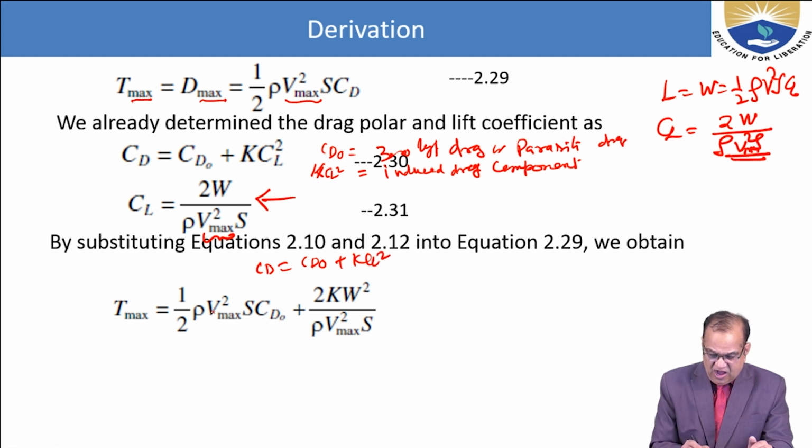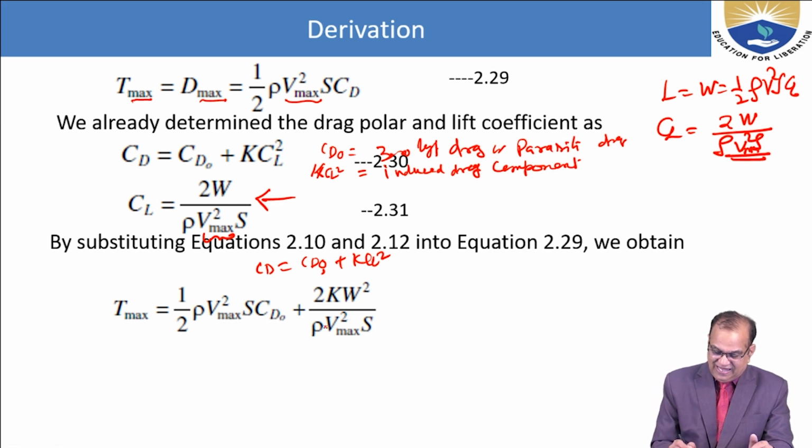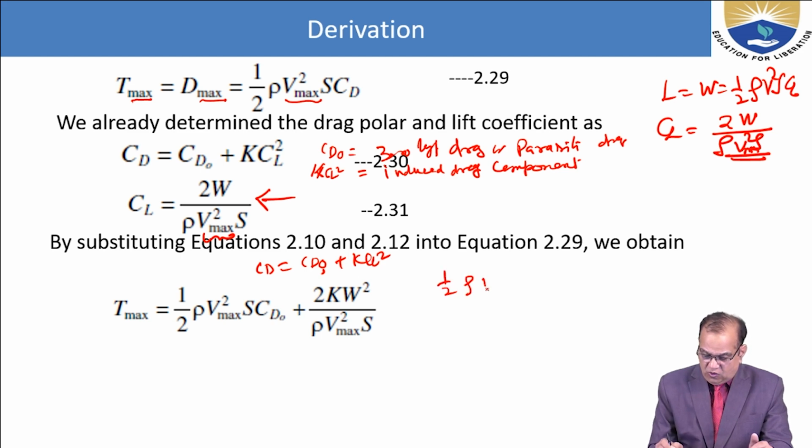So in this, half rho V square CD naught plus half rho V square K, and in place of CL we can put 2W by rho V square S. So you will get that T maximum is equal to half rho V square maximum S CD naught, and half rho V square S into 2W by rho V square S, whole square.